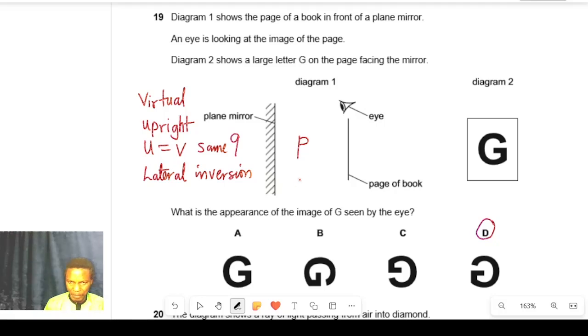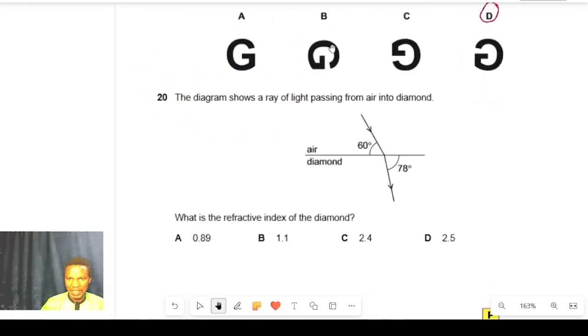If I put B, it will appear as D. This is what we call a horizontal flip. If I put D, I will see B as the image. If I put P, I will see 9. If I put 9, I will see P as the image. So this is called lateral inversion. So basically, those are the properties.